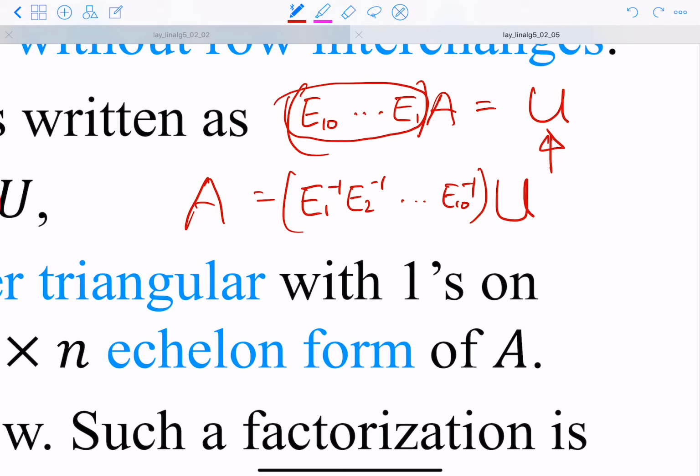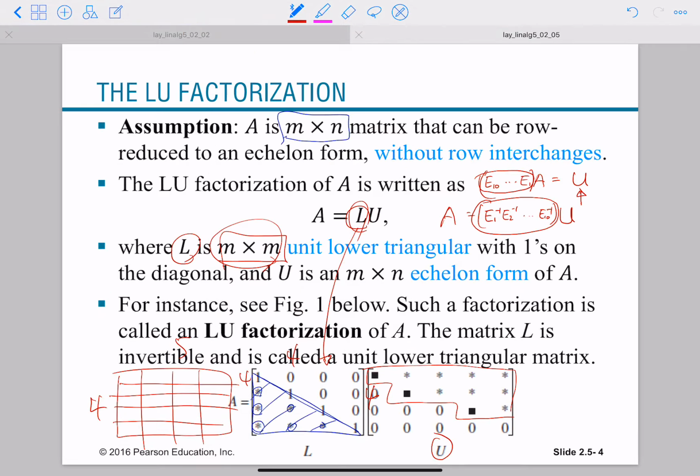So the question is whether this product satisfies the condition of L, which is a unit lower triangular matrix. At least, let's first check the size.